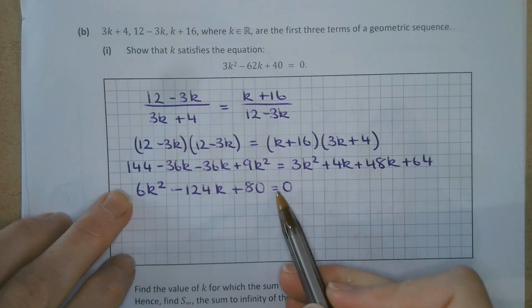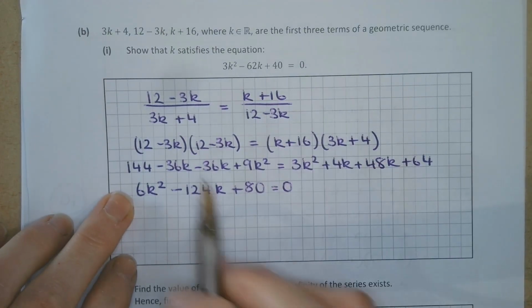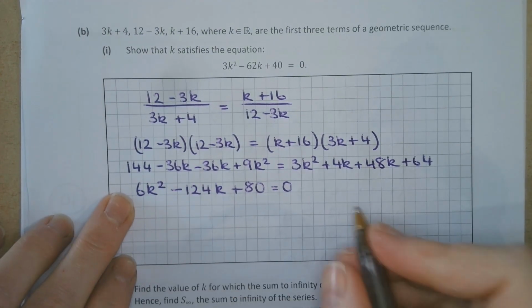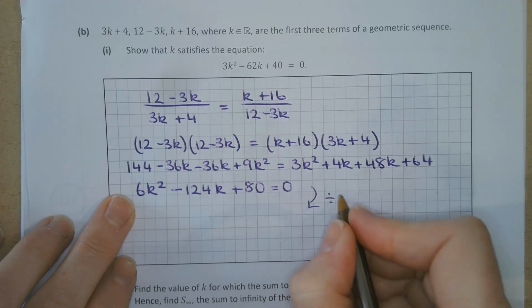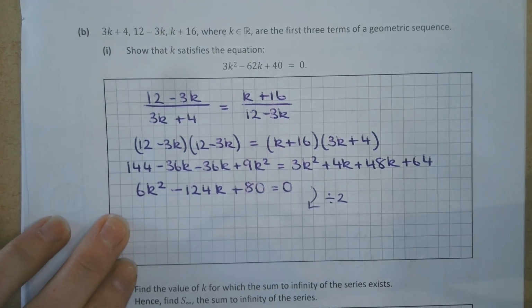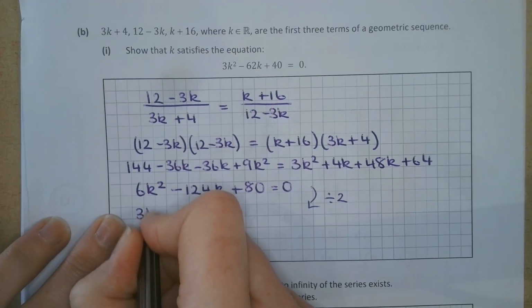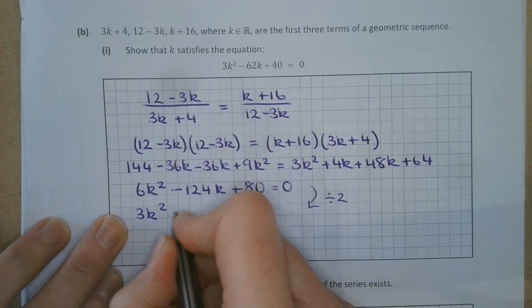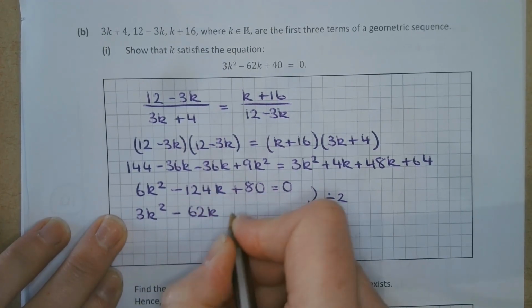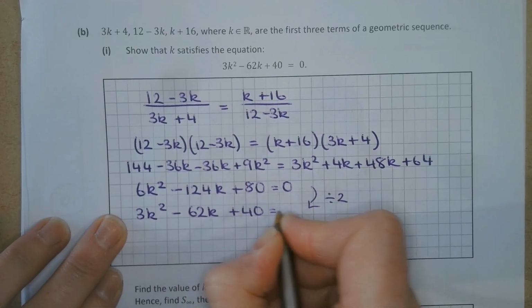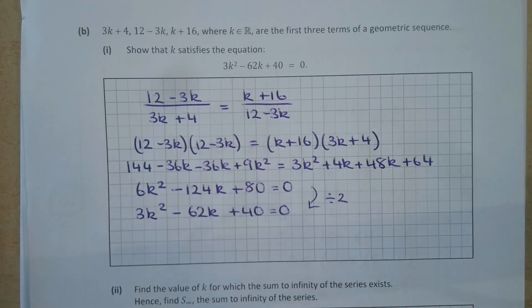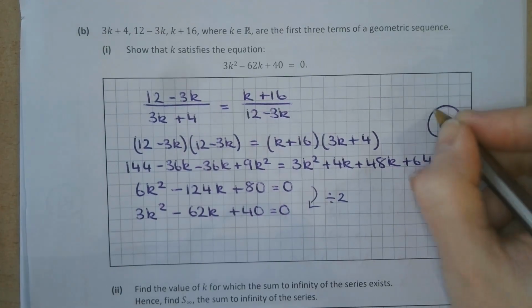That's what we should end up with. Obviously not the exact same as the answer, but if we look at it and we divide by 2, we should end up with the same quadratic in the question. So if I divide that by 2, we get 3k squared minus 62k and a plus 40 equals to 0. And that's my answer. And that was 10.